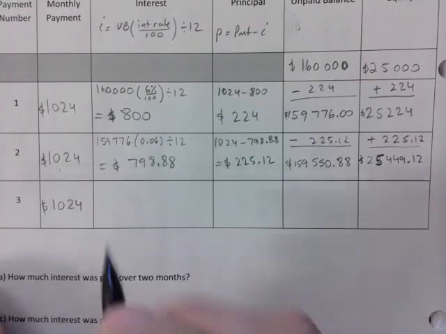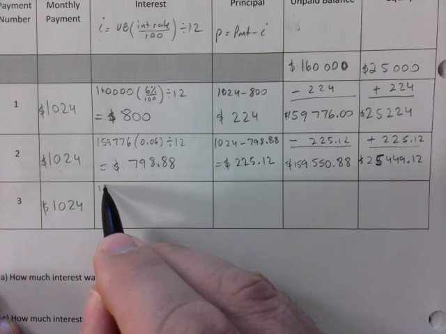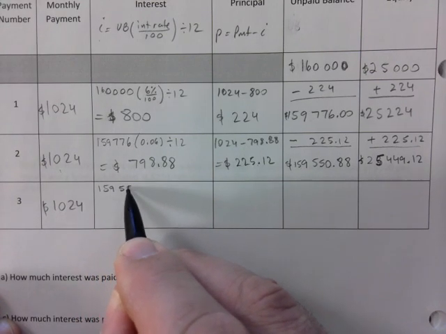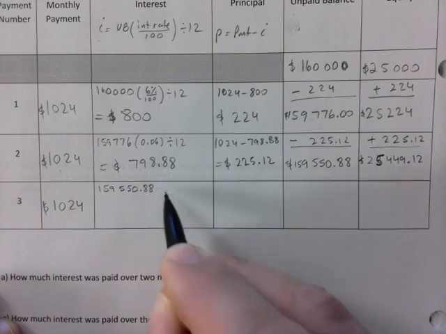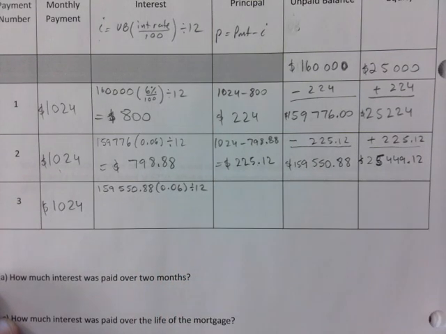One more time. There you go. Let's do one more and then you can probably call it quits for today. 159,550.88 times 0.06. Don't forget to divide by 12.